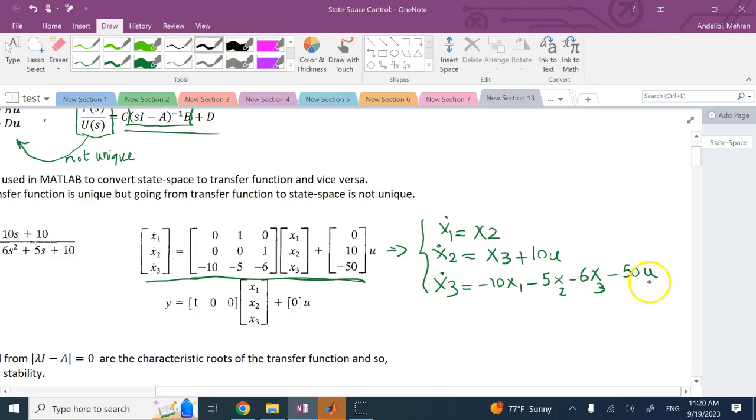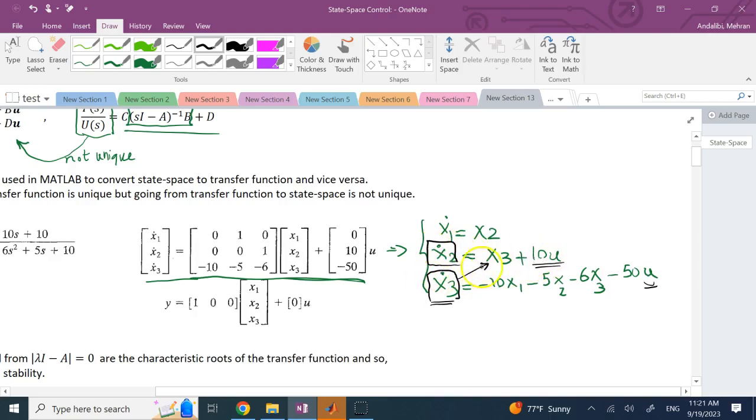So now you clearly see if I choose a U, that U is going to affect the dynamics of X3. It is going to change how X3 is changing versus time. So U is affecting this equation. So it is going to affect the second equation as well, because it is affecting X3 indirectly through the bottom equation, and it's also directly affecting the dynamics of X2.